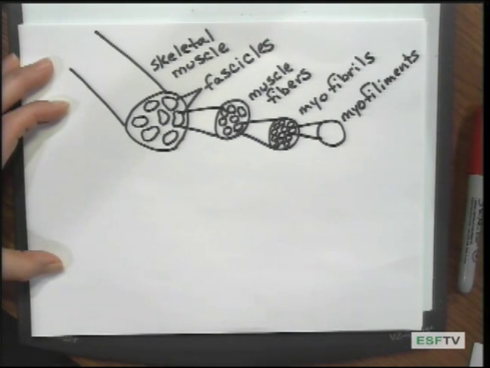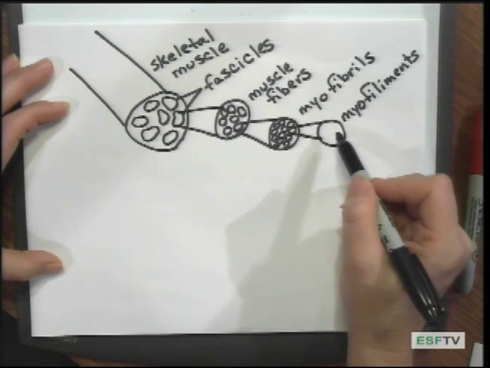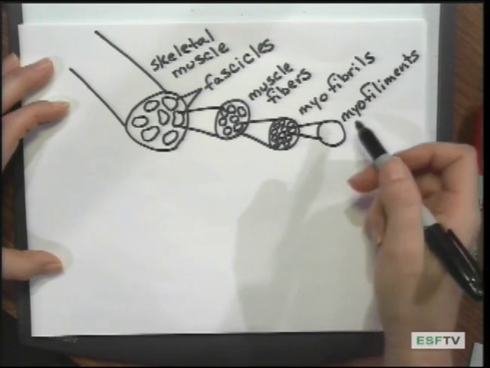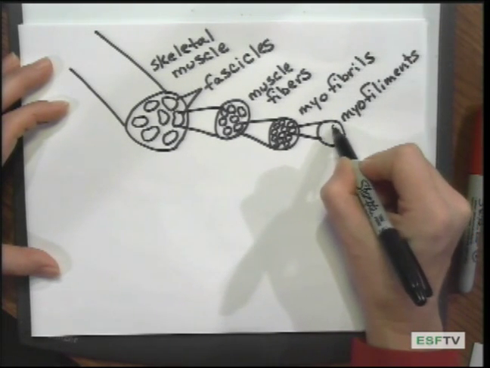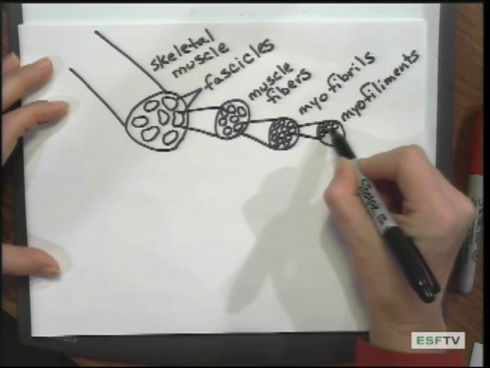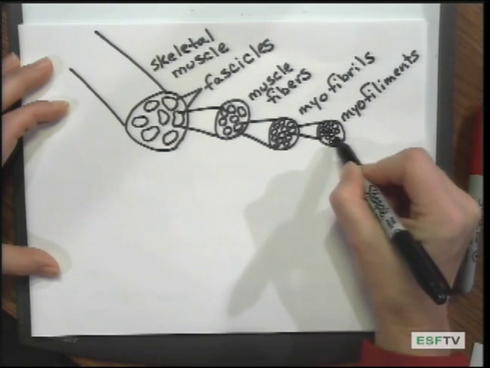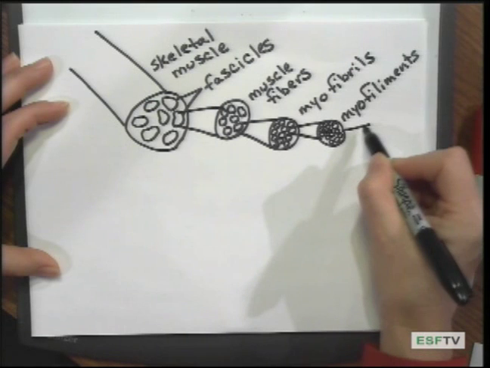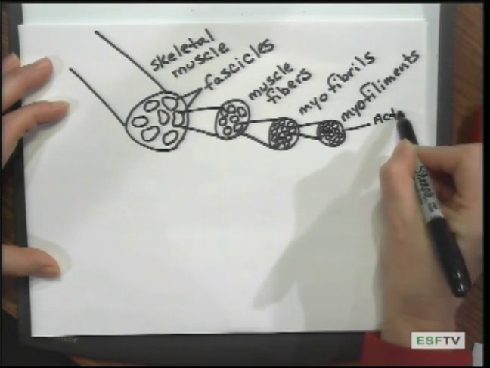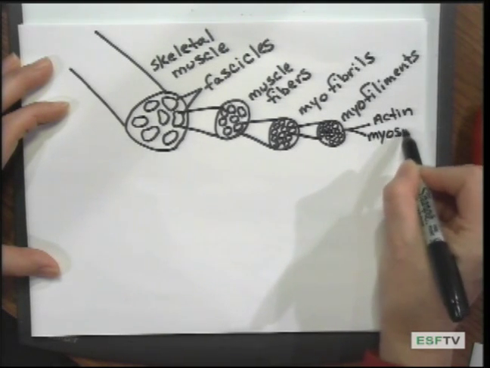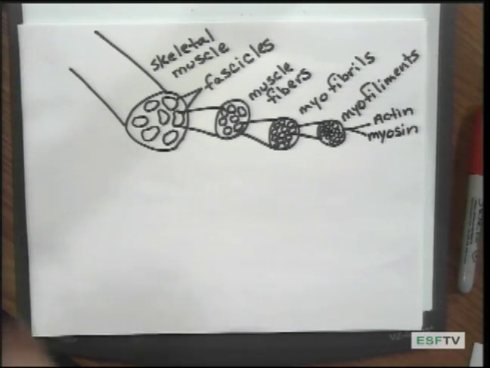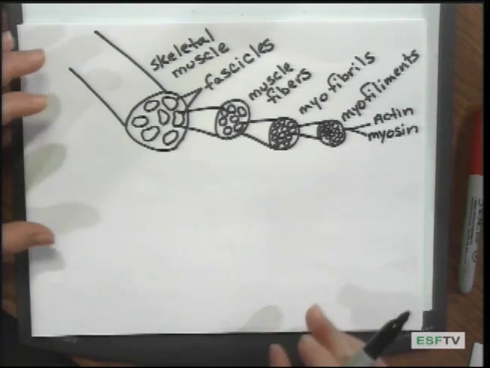And in each of these circlets of myofilaments, there are two myofilaments called actin and myosin. Okay, so these actin and myosin myofilaments are what actually are going to be controlling the muscle contractions.